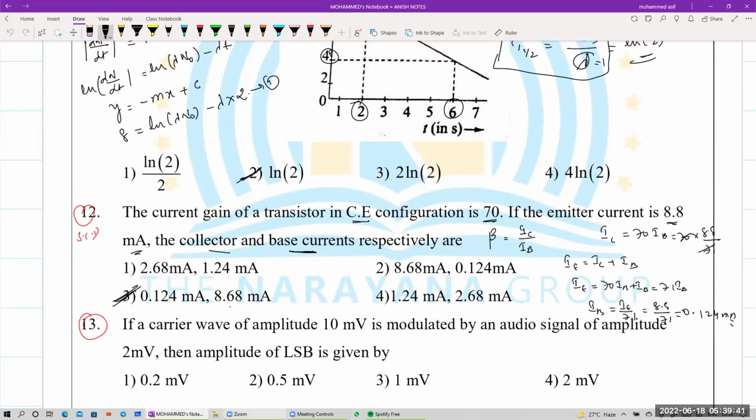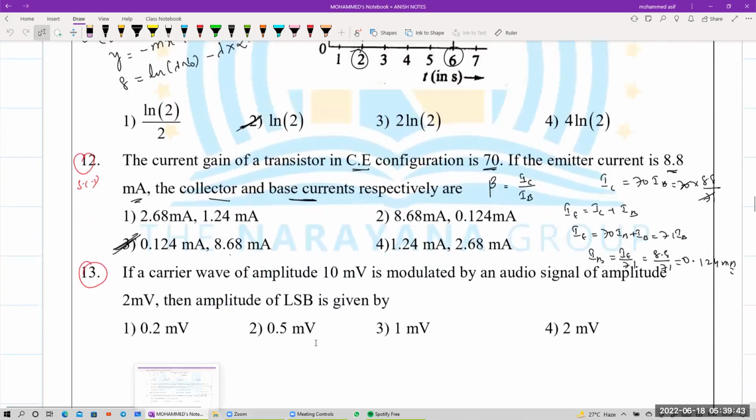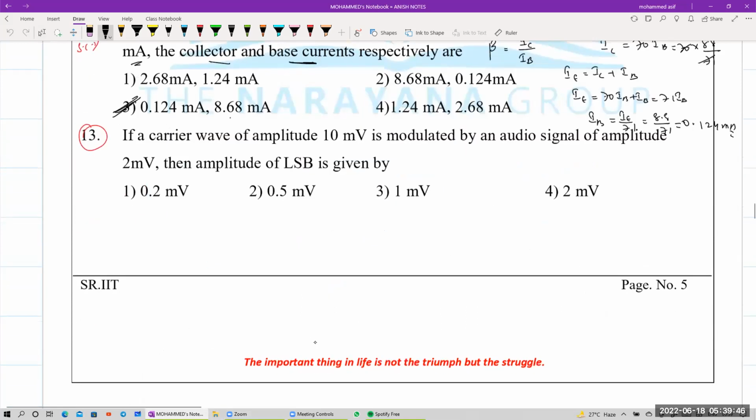Question number 13. If a carrier wave of amplitude 10 millivolt is modulated by an audio signal of amplitude 2 millivolt, then the amplitude of the lower side band will be equal to how much? You know that the amplitude of the lower side band and upper side band is mu times AC divided by 2.